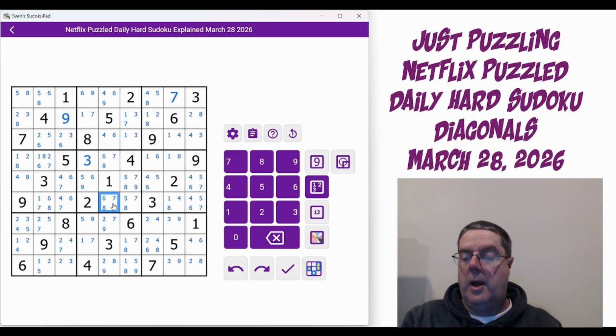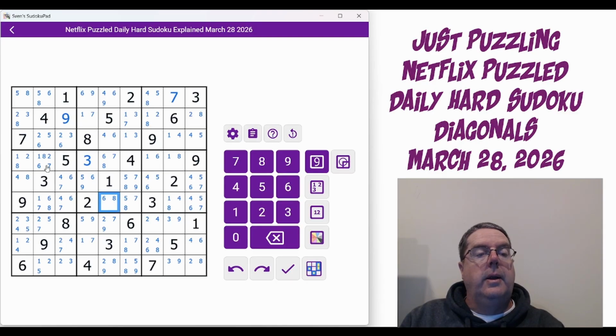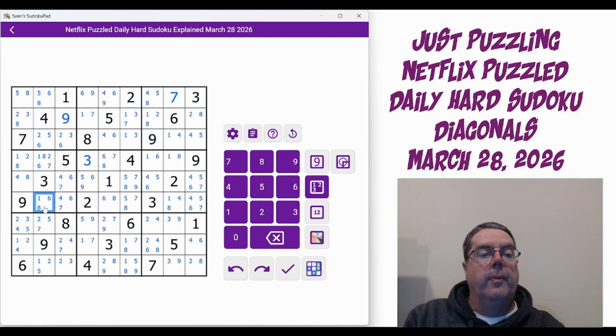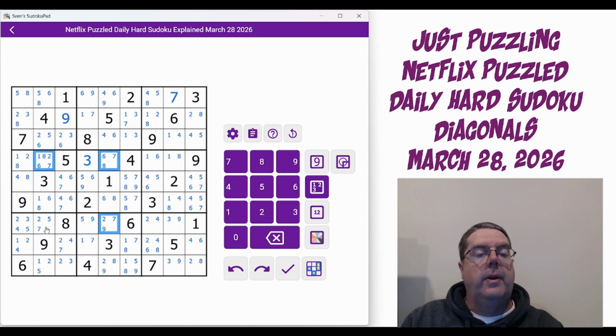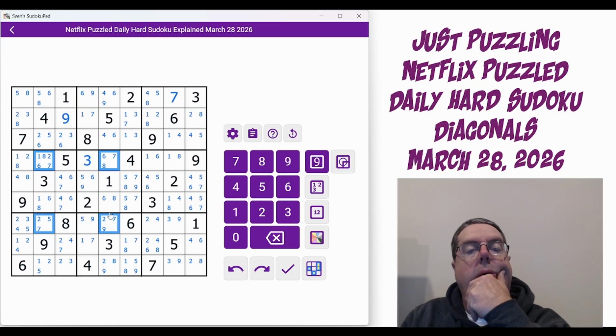So this 7 can go, and in this column, this 7 can go from here. So 7's there, there, there, and there. Just checking that I've got all of the 7's, which I do.